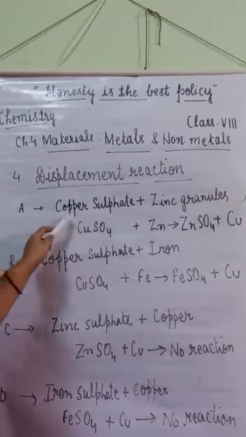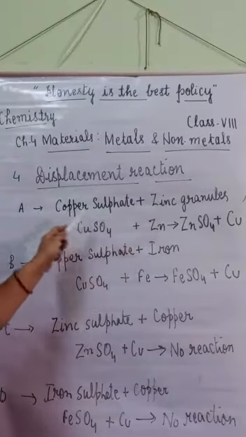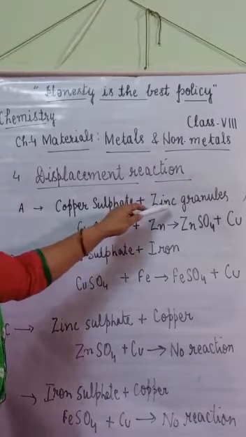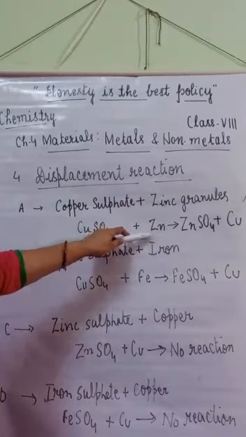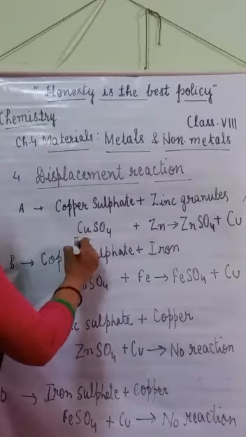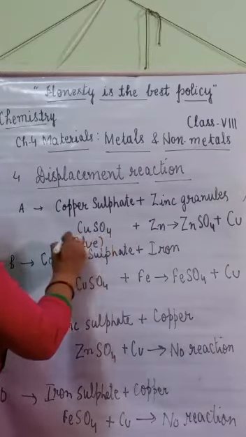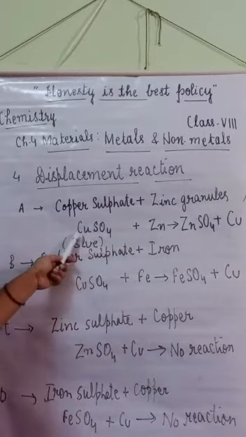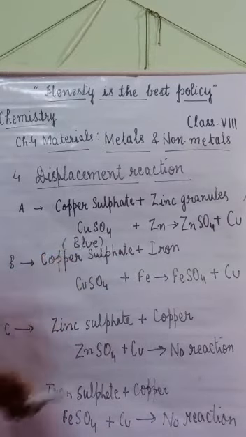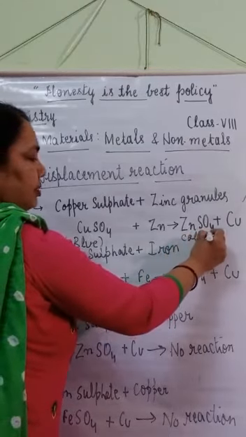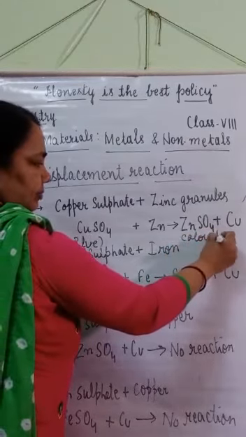The formula of copper sulfate is CuSO4 and zinc granules is denoted by Zn. Copper sulfate solution is blue in color. When zinc displaces copper from copper sulfate solution, it becomes colorless because it forms zinc sulfate.